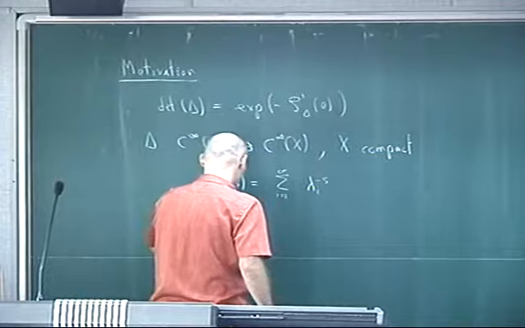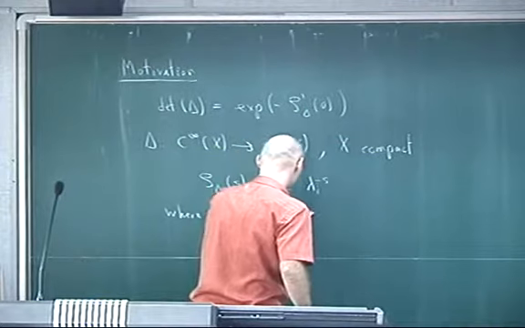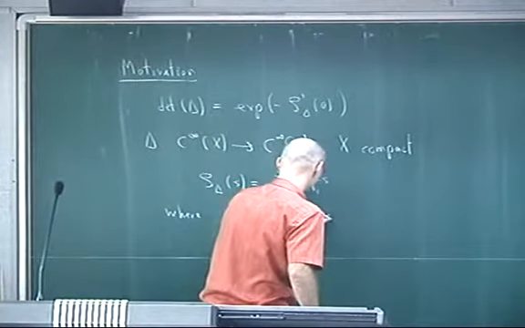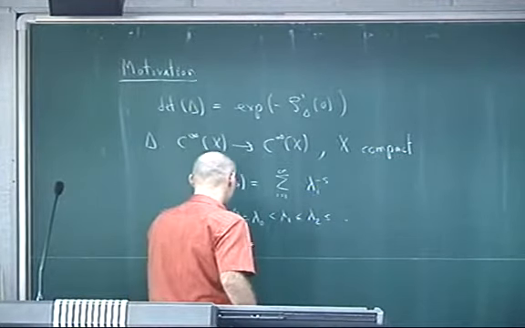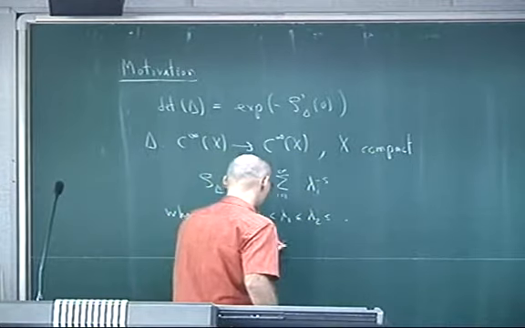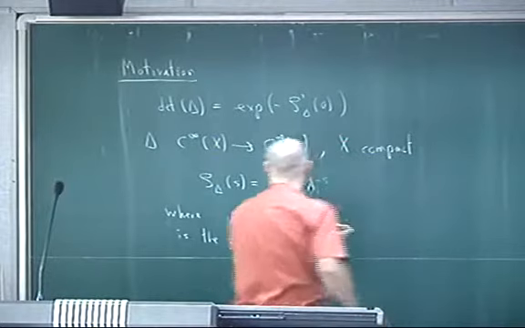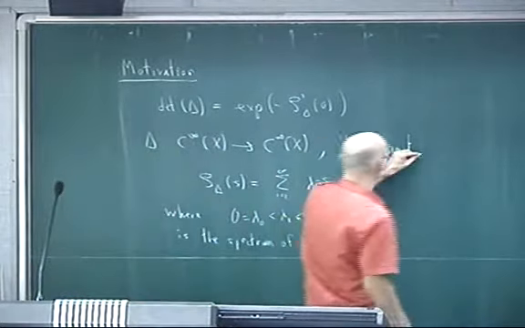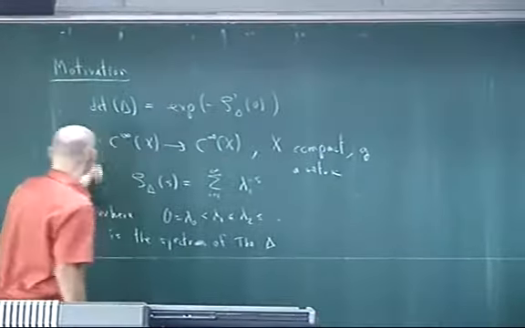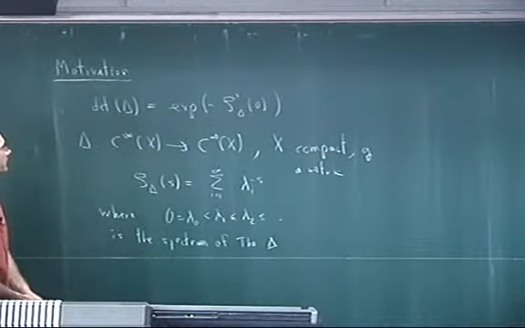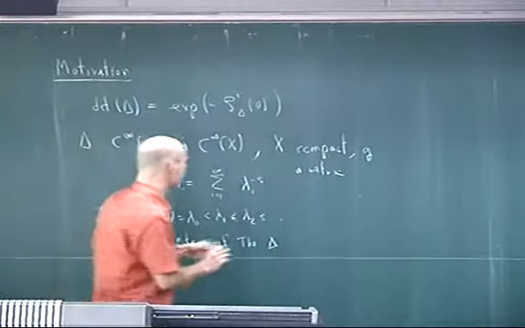where this is the spectrum of the Laplacian for some metric g, a metric for which we can define the Laplacian, and this sum will converge for real s big enough.